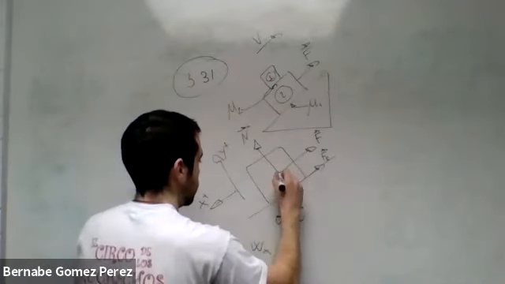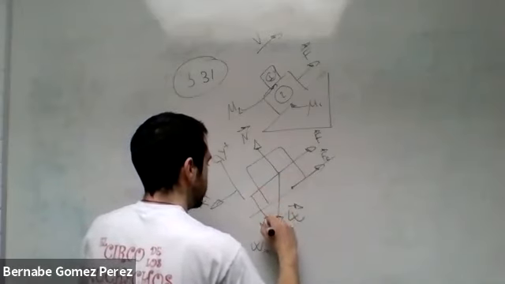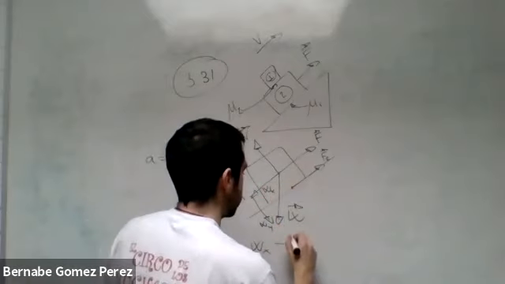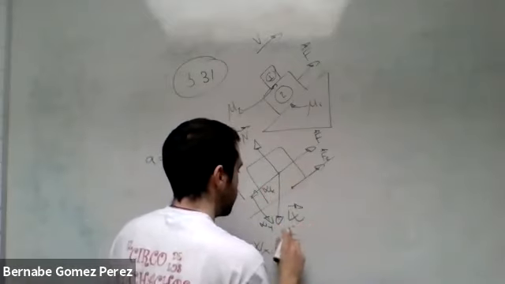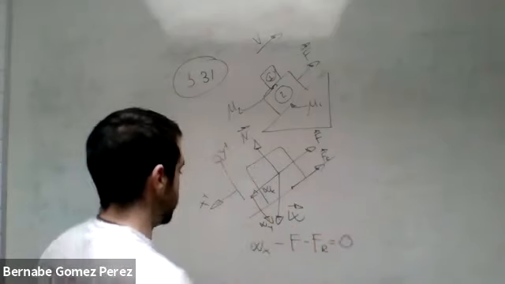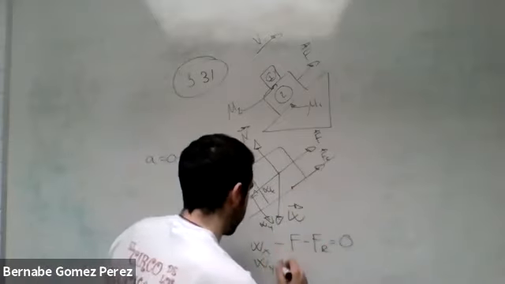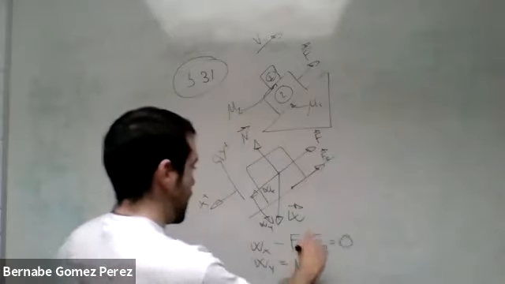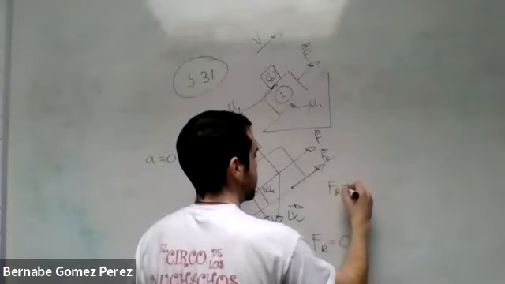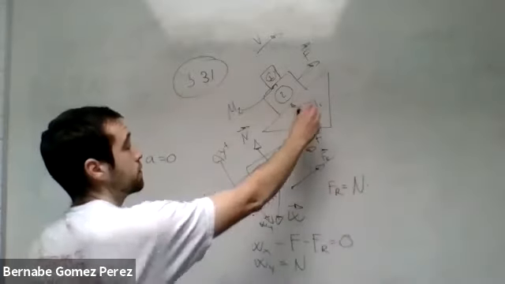I'm decomposing the weight into Wy and Wx. Wx minus the force of this person minus Fr is equal to 0. And Wy is equal to the normal force. The friction force Fr is equal to the normal force multiplied by mu1.